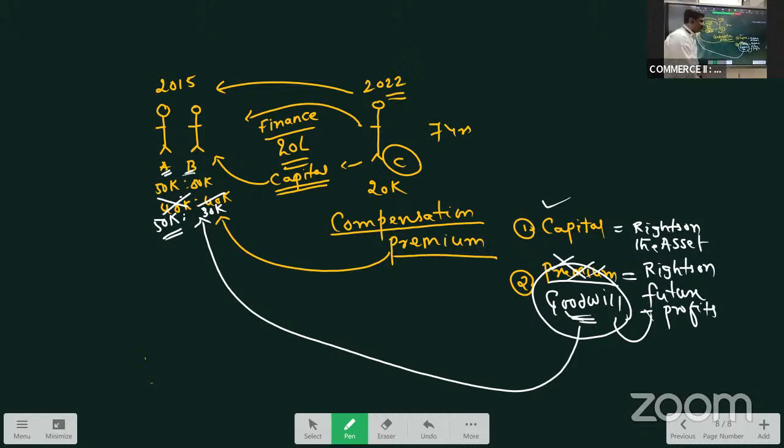Now tell me in that case, ये जो goodwill आ रहा है, is it to be given to A and B? Or is it to be given only to A? Or is it to be given only to B? Then the answer is the entire amount of goodwill should go to B. Why? Because he is the one who is sacrificing. He is the one who is sharing his profit, not A. So obviously A doesn't deserve to get any share in the goodwill.